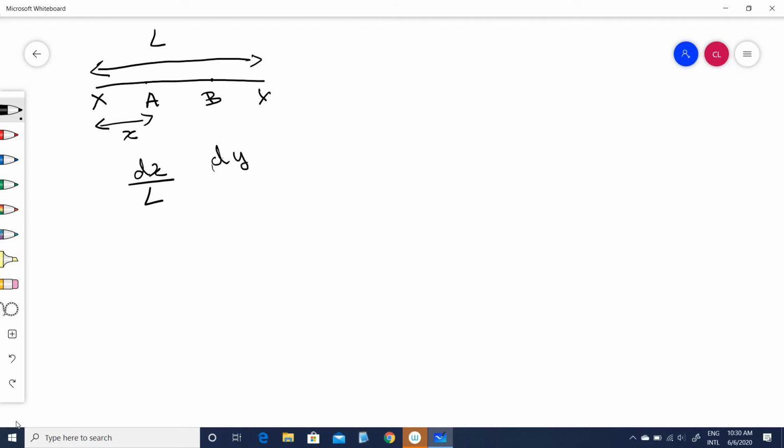So you will have dy by L minus x as the probability of the second segment being anything from y to y plus dy in the range of 0 to L minus x, because you have already taken x away in the first part. So this is the combined probability, P of XA comma AB, some notation I'm writing. It is equal to this into this.